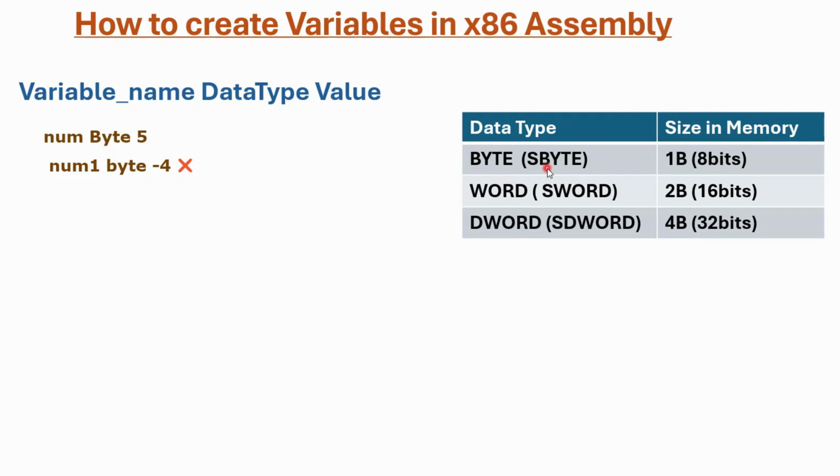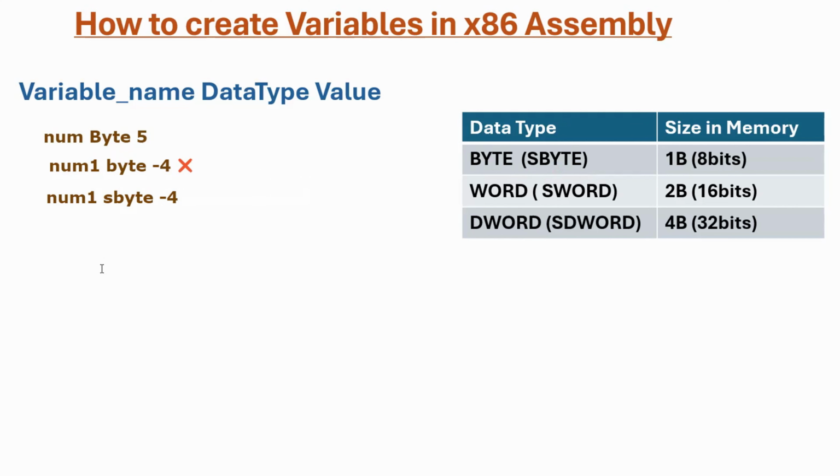If you want to use both negative and positive values, you should use sbyte, the signed byte. But if you just want an unsigned number, then byte should be used. So to write it correctly, it should be num1 sbyte minus 4.